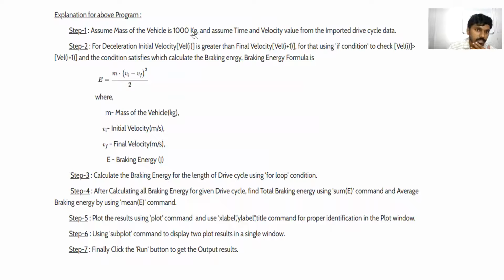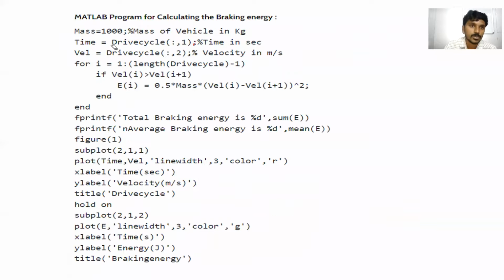Assume the mass of the vehicle is 1000 kg, and assume the time and velocity from the imported drive cycle data. So here put the vehicle mass. Vehicle mass or vehicle weight we can give any value, 1000 kg, 2000 kg, 3000 kg.